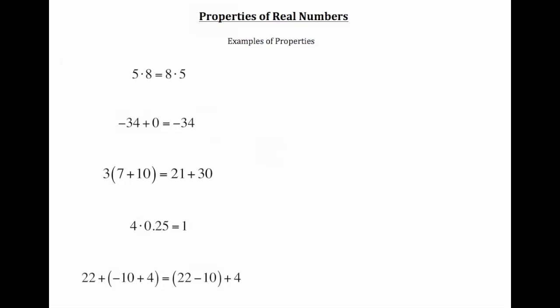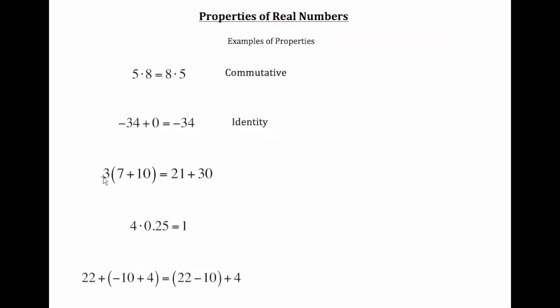That would be an example of using the commutative property when using multiplication. Now here we have negative 34 plus 0 equals negative 34. Well, if you take a number and add 0 to it, you're still going to get the same number when you're doing addition. That would be an example of using the identity property with addition.